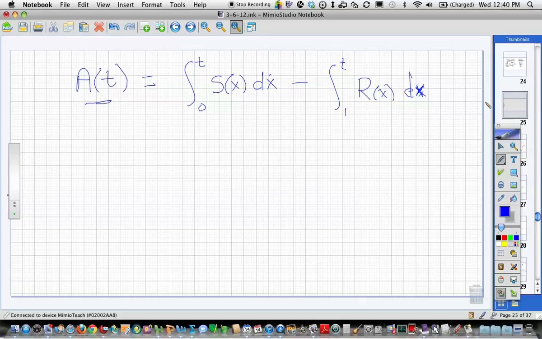Question C says, when is the max, right? Where's there a max for the amount of sand in the bin? Well, if this is our function for the amount in the bin, then where do we look for its max? Where the derivative equals 0, right? Okay, let's do it. What's the derivative of this right here? S of t.